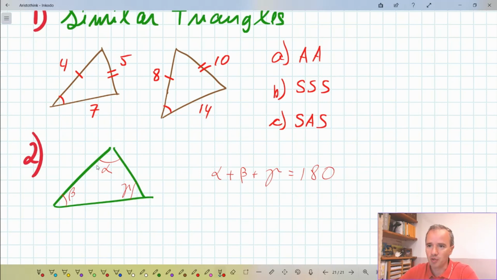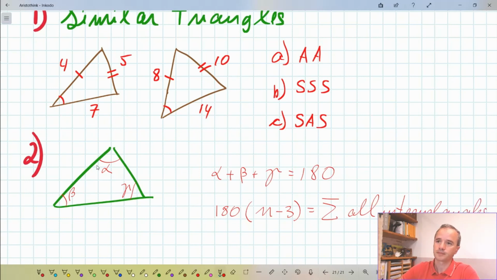A general formula would be like this: 180 times n minus 3, and that should give us the total sum of all internal angles. Actually, this is n minus 2.